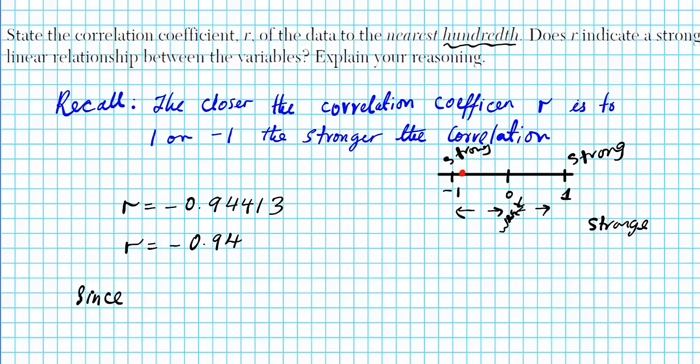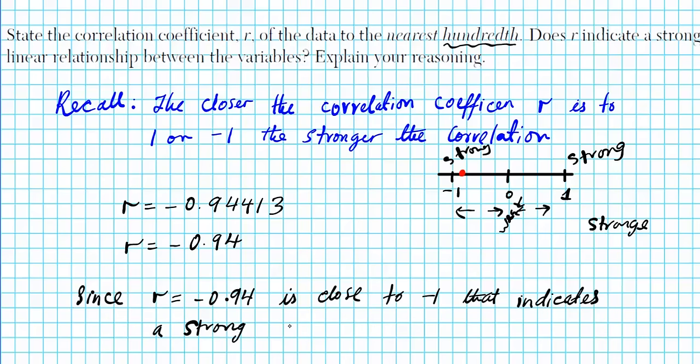Since R, which is equal to -0.94, is close to -1, that indicates a strong linear relationship. So basically, the data will fall in the shape of a line. All right, so that's that.